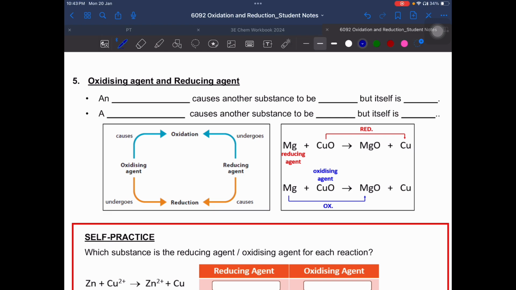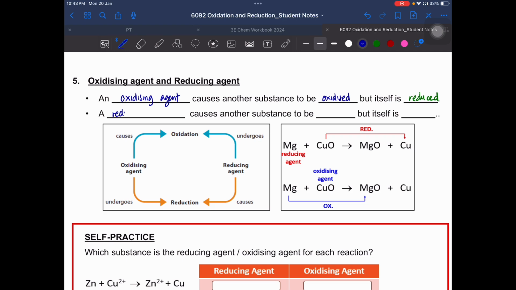So when you talk about an oxidizing agent, an oxidizing agent basically just refers to a chemical that causes another substance to be oxidized. But what's interesting is that in doing so, itself is actually being reduced. So it causes oxidation, but itself is being reduced.